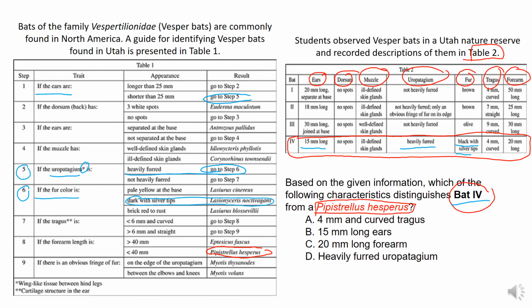This should be pretty much what our bat should be by the characteristics that were given. Now, we have to find how it's different than Pipistrellus hesperus. I'm going to use green for that. So let's just start back from number 1 and see what the real difference could be.